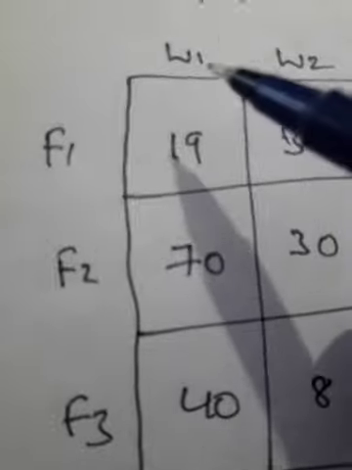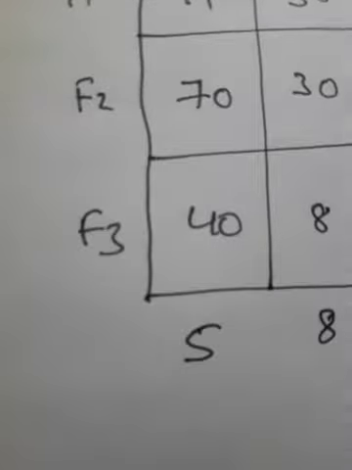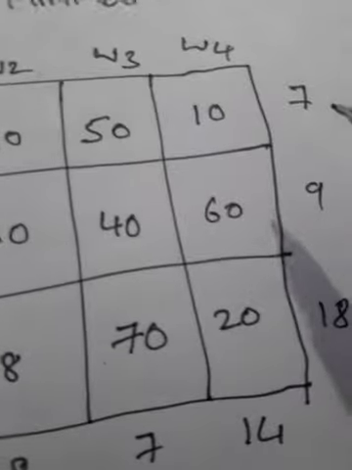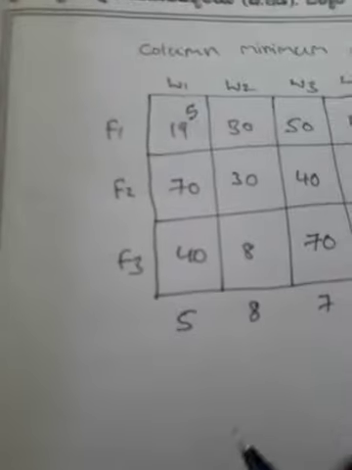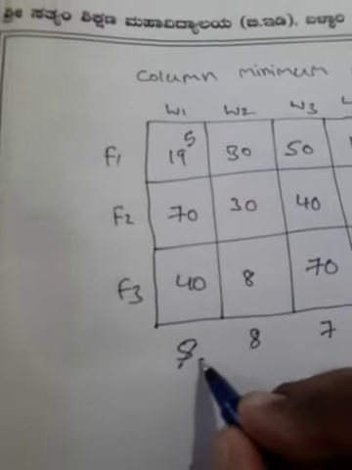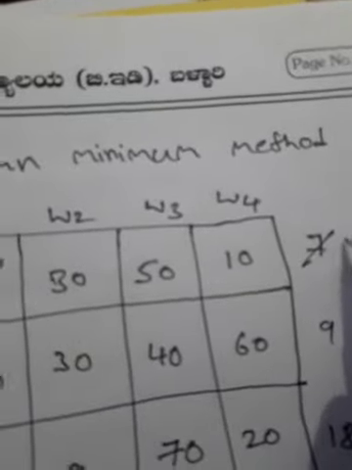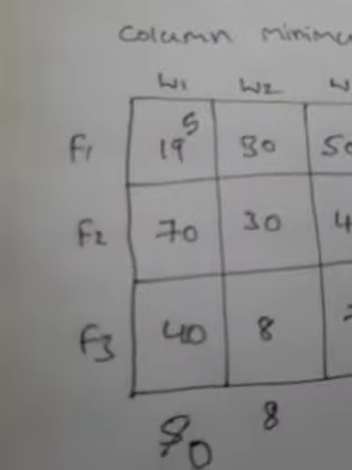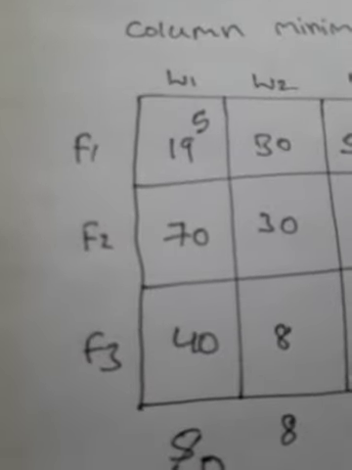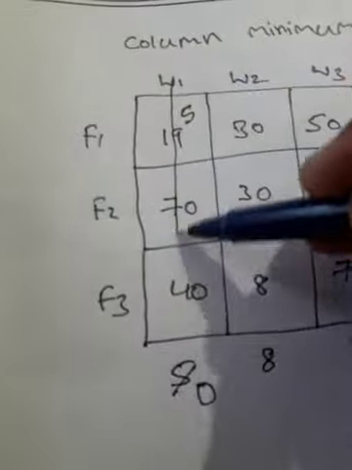How much has to be allocated? Warehouse 1 requires 5 units, but factory 1 has a capacity of 7 units, so we can supply all 5 units here. Once it is supplied, strike out this one as 0, and here we are left with 2. If the column or the row becomes 0, eliminate that column or row. Now go for the second column.